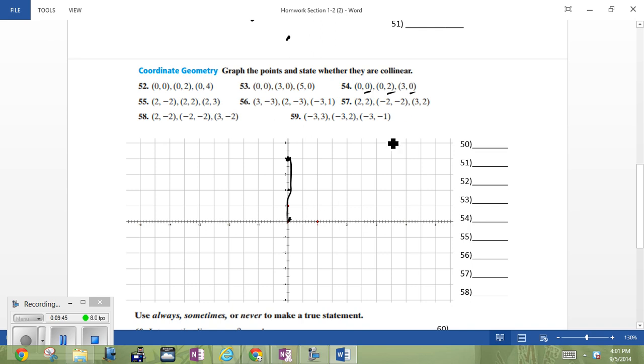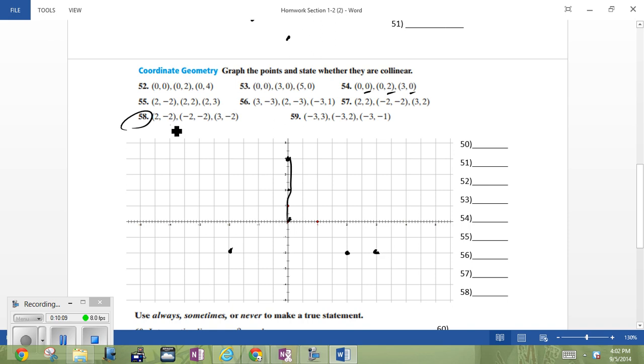0, 0, or even look at the y-coordinate the same here, number 58. 2, negative 2, that's down here. Negative 2, that's over here, and 3, negative 2, that's over here.